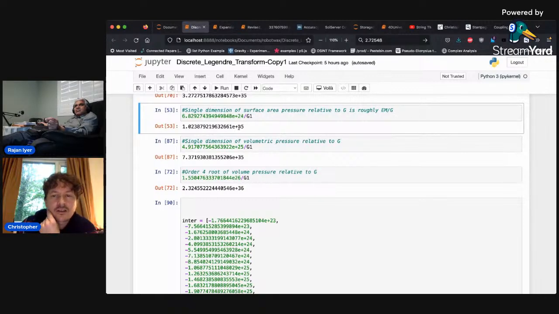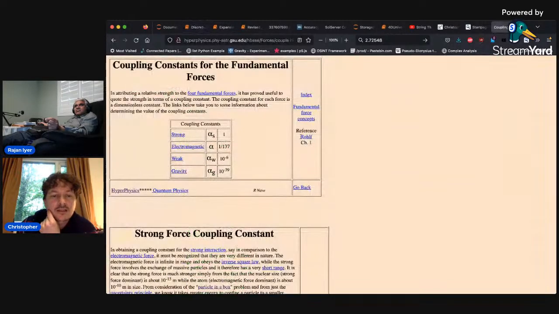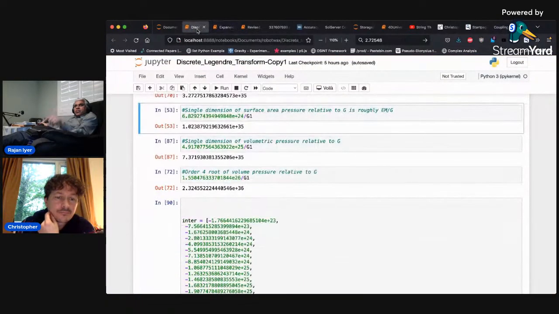It's not the inverse though, because if we look at this, this is 10 to the minus 39 with respect to alpha. Alpha over alpha g will be close to 10 to the power plus 36. Alpha over, exactly, electromagnetic over the gravity. Exactly. So that's what we're doing here.